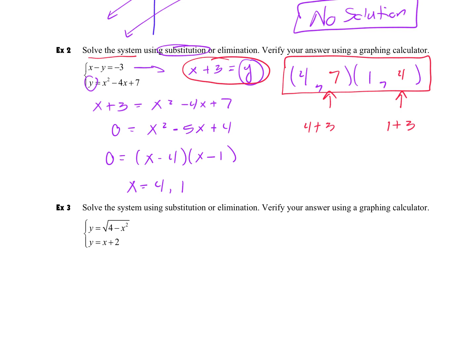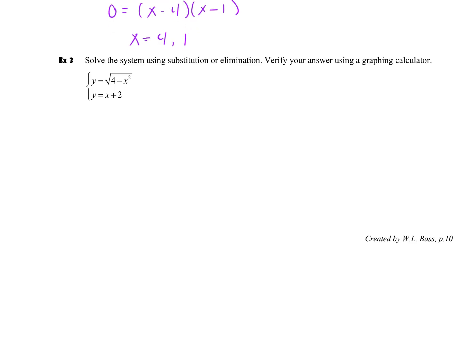Then I've got one more system of nonlinear equations for us to look at here. Again, I gave you the equation for a line, and then I gave you an equation for something else. This other equation, if you don't recognize it yet, which you haven't had a lot of experience with, is actually going to be a semicircle.